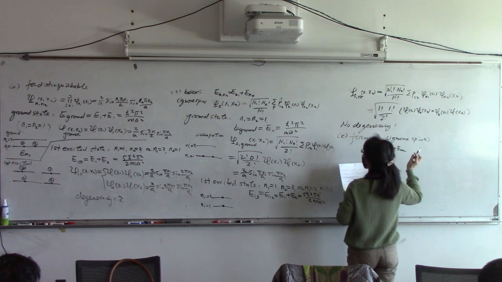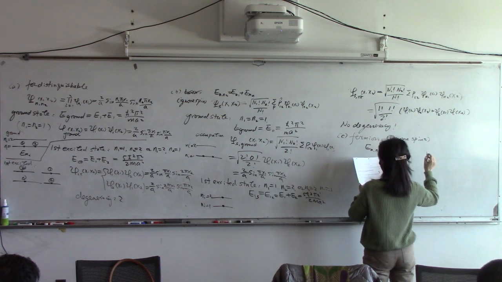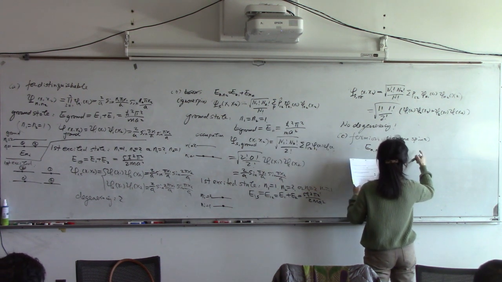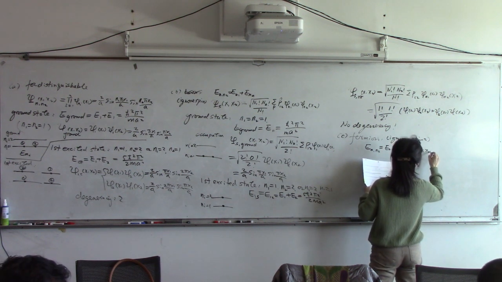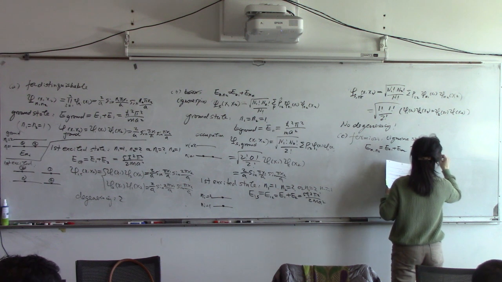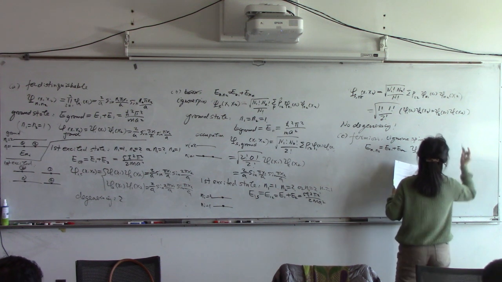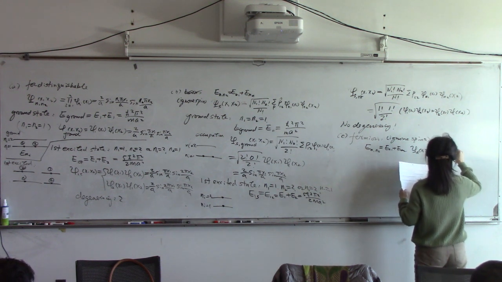Then this, okay. The antisymmetric, since these are fermions, right? So the antisymmetric psi_A(x1, x2) equals 1 over square root of n factorial, where n is 2, right?